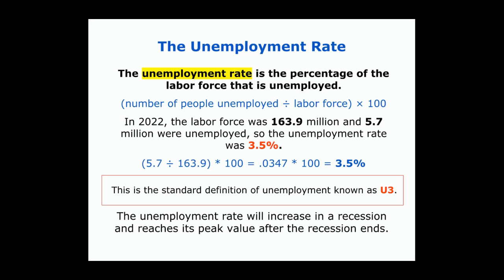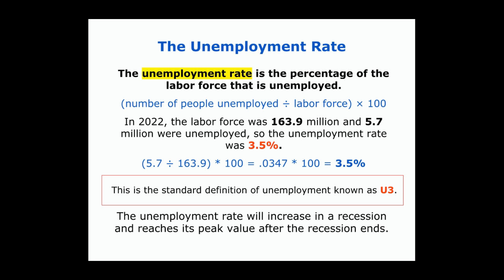So if we look at the unemployment rate, you can see how it's calculated here. We take the number of people who are unemployed. They're not working. They're in the labor force. And they've looked in the last 4 weeks, divided by the labor force. So this is the 5.7 million people who are not working and are looking, divided by the 163 million people in the labor force, and we come up with 3.5%.